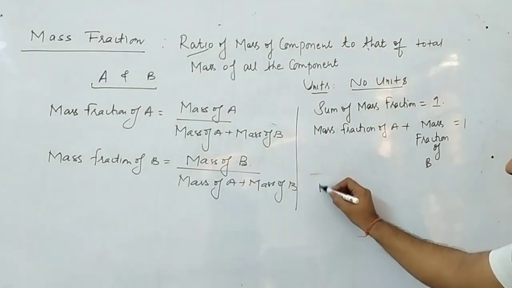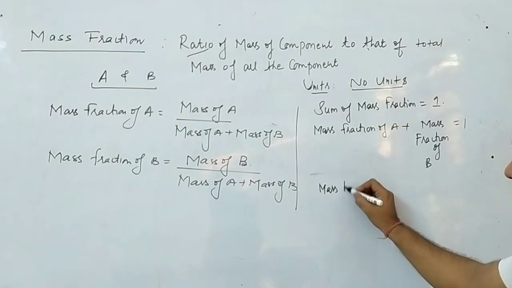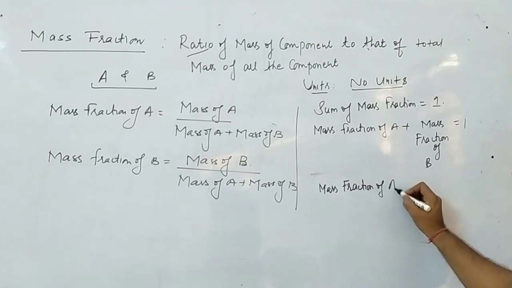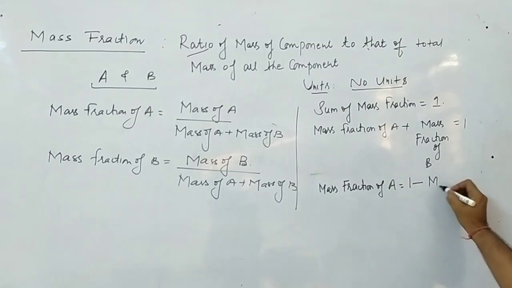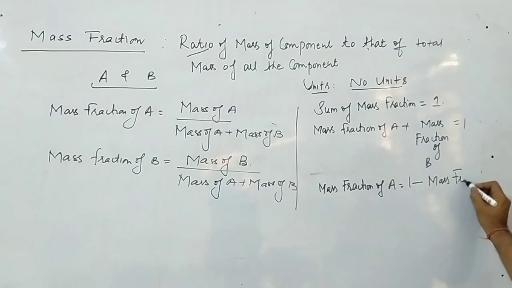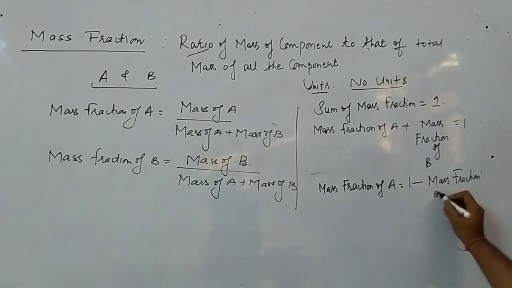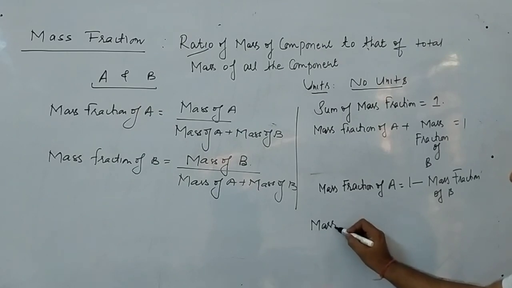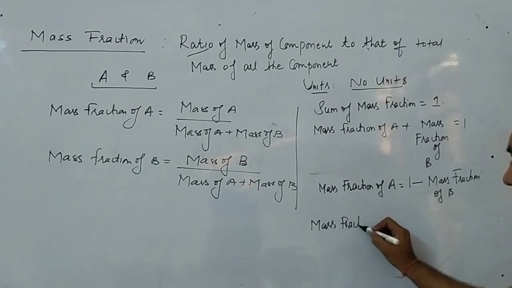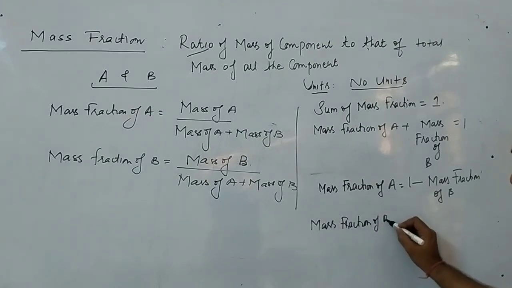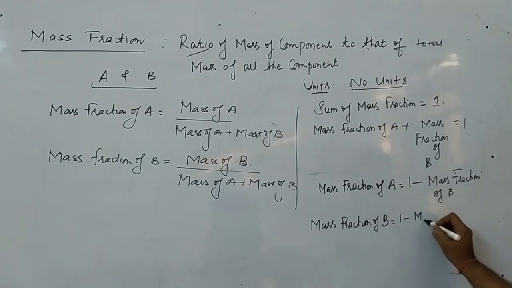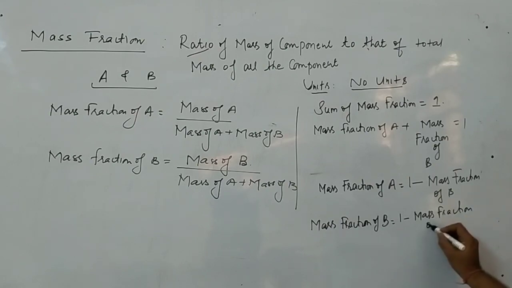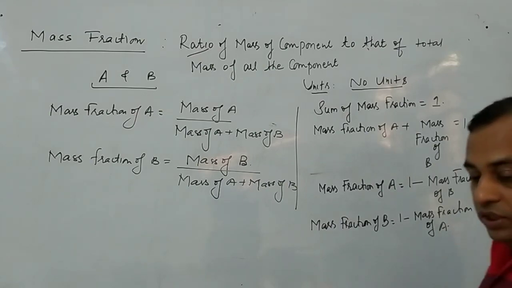How? Mass fraction of A comes out to be 1 minus mass fraction of B. Similarly, mass fraction of B will be 1 minus mass fraction of A. So this is clear to all of you.